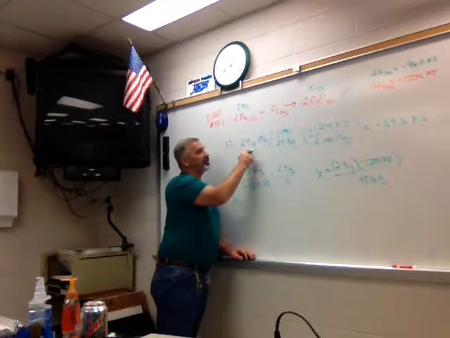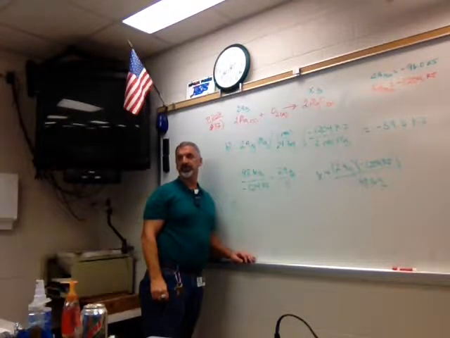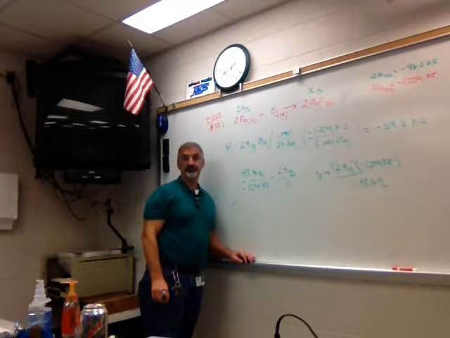This one we were given grams. What do we find? Kilojoules. What's this one giving us? What are we looking for? So what do you think? Just go reverse. Back it up.